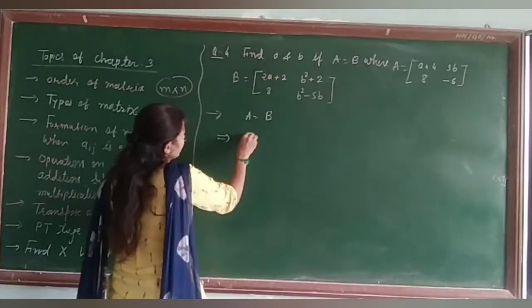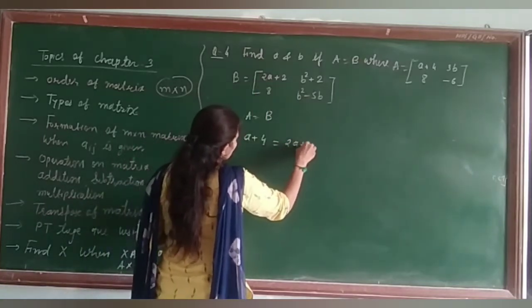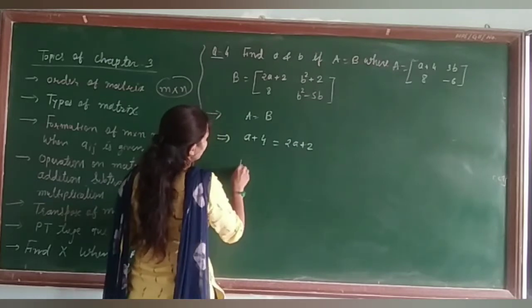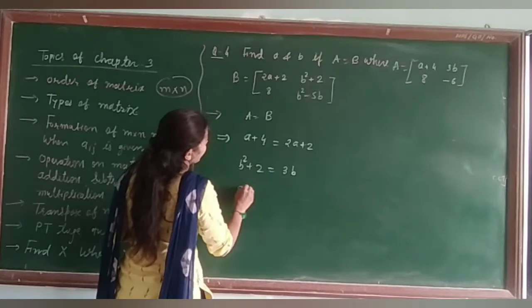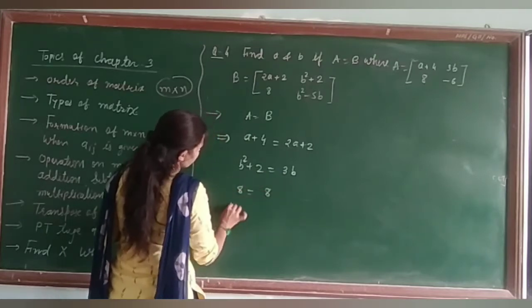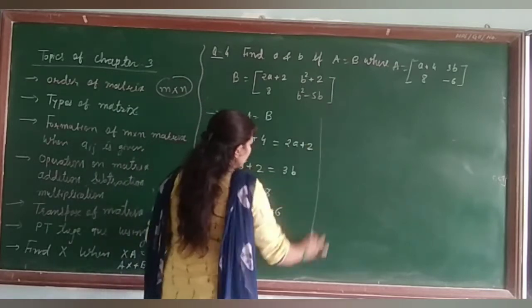So your A11, that is A plus 4, and B11, 2A plus 2, are equal. Then B square plus 2 is the same as 3B. Then 8 is equal to 8, no need to compare. And B square minus 5B is equal to minus 6.